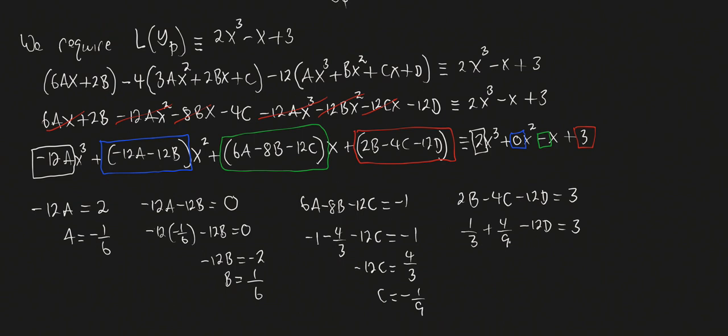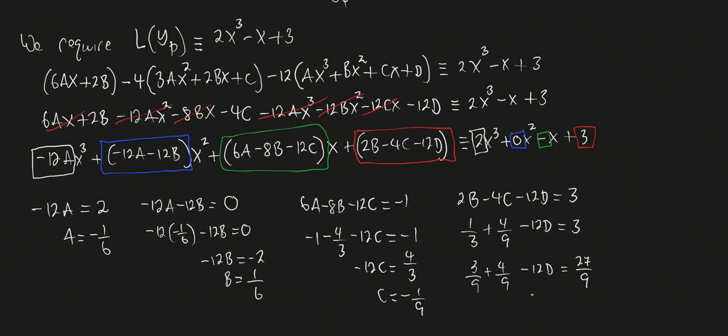So let's see. All right, so if we get a common denominator of 9, then this is 7/9. So we have 3/9 plus 4/9 minus 12d is equal to 27/9.